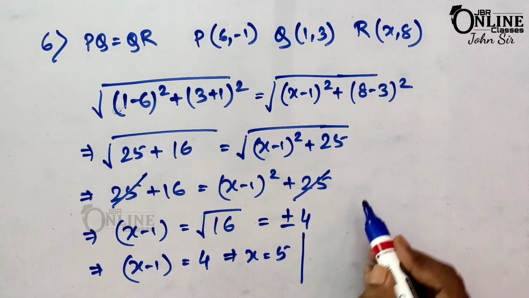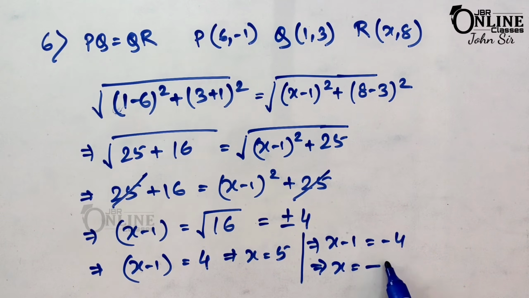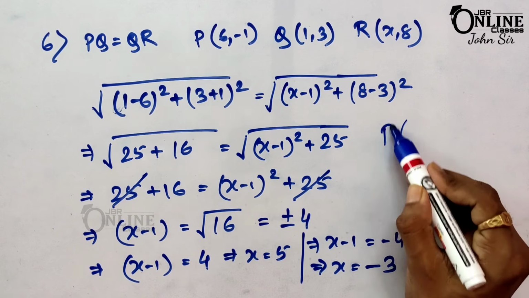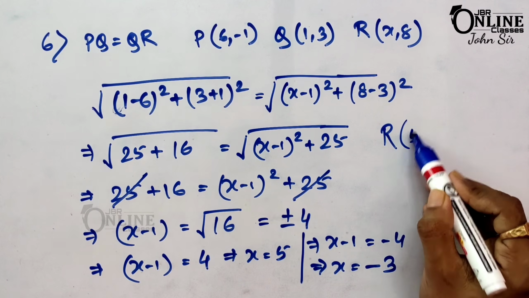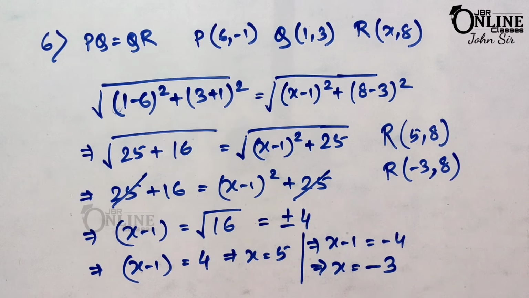Okay, and if x minus 1 equal to minus 4, then in that case x equal to minus 3. So minus 3 and plus 5 will be two answers. So here the R point will be 5, 8 or minus 3, 8.